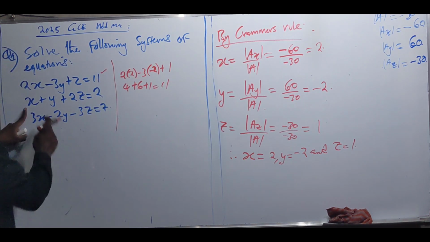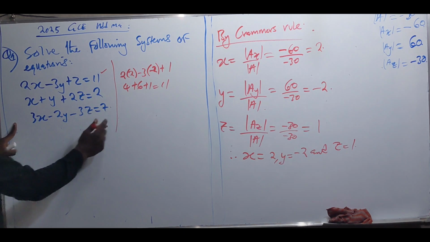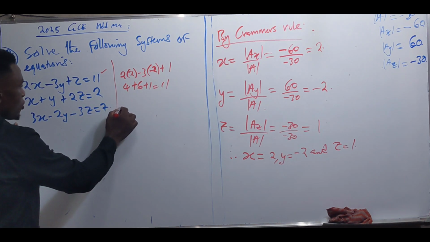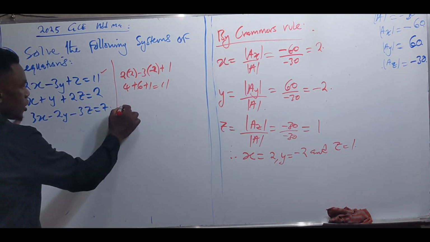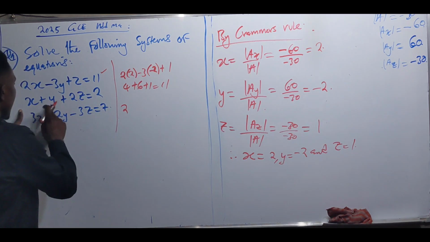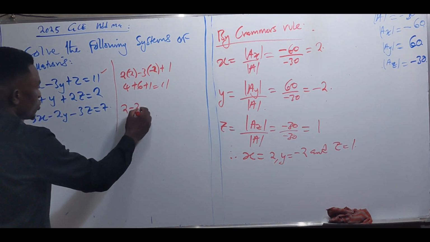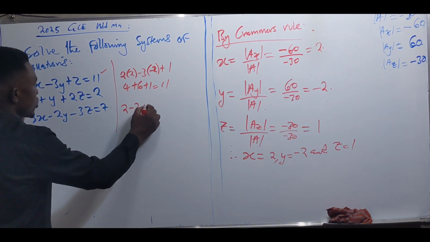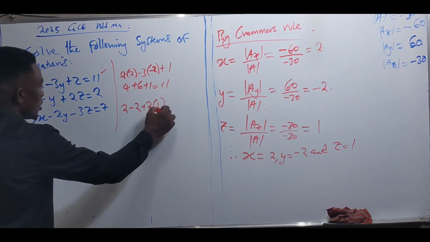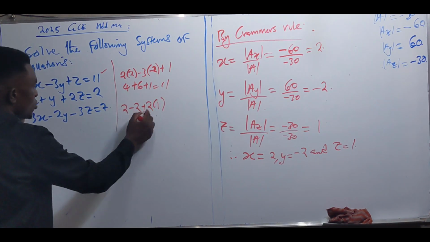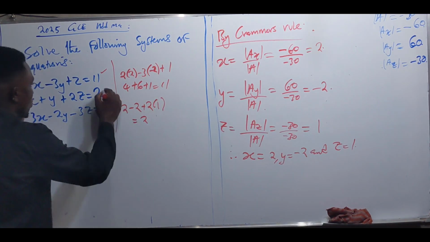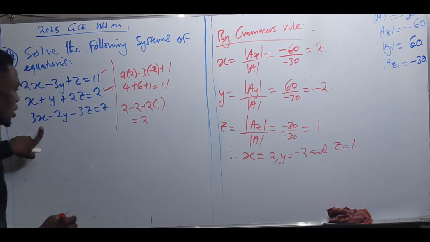Then on the second one, if I plug in the values, I'm supposed to get 2. So let's see. x is 2, and my y is negative 2, plus 2, my z is 1. This is 2 minus 2 is 0. 2 times that, I'll get 2. So, proven. Let's just look at the last one.